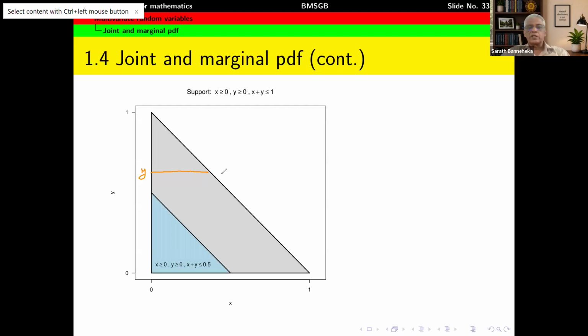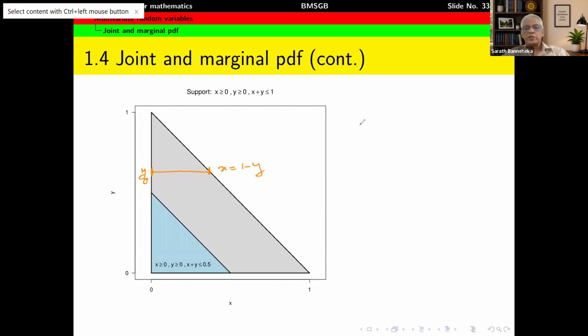And then we have to integrate the joint density function along this line with respect to x, right? So therefore, x equals 0 here, and in this case x is equal to 1 minus y.